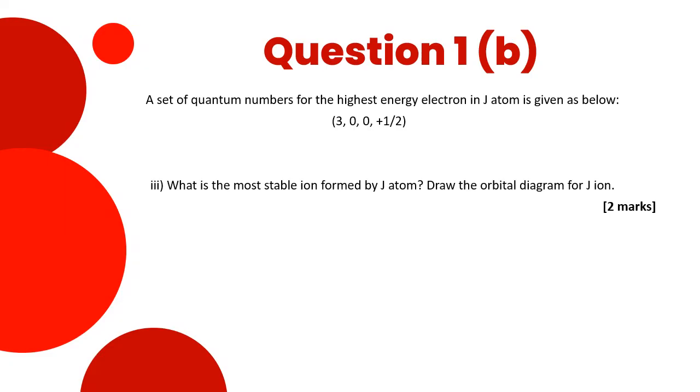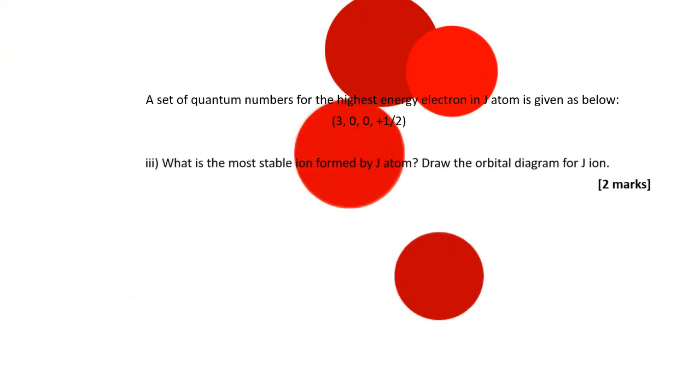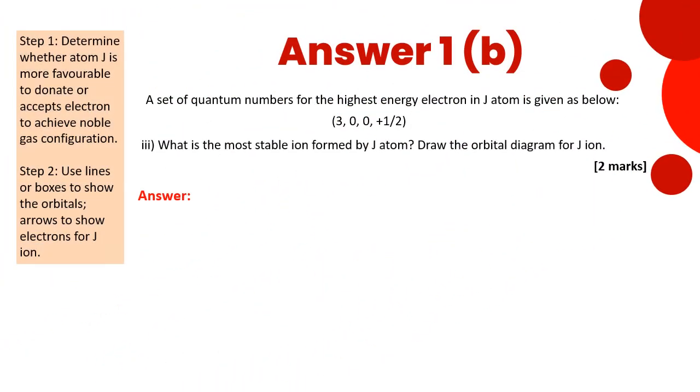Now the last question, 1b part 3. What is the most stable ion formed by J atom? And draw the orbital diagram for the J ion. How are we going to answer this question?